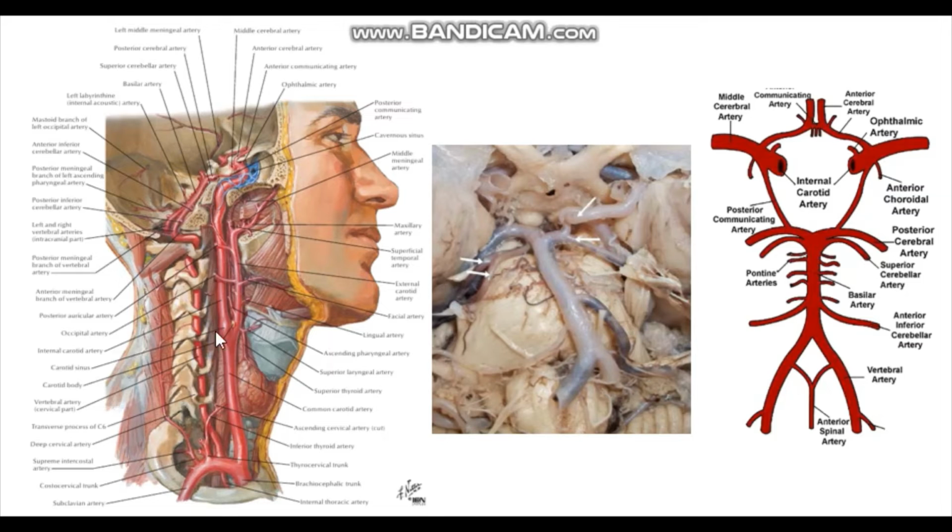The cervical part of the vertebral artery supplies the muscles of the neck, the spinal cord and its meninges. Within the skull it supplies the brain, brainstem, and dura mater of the posterior cranial fossa. The first branches of the vertebral artery are the posterior spinal arteries, which go down along the spinal cord, along the posterolateral groove, and supply its posterior portion.